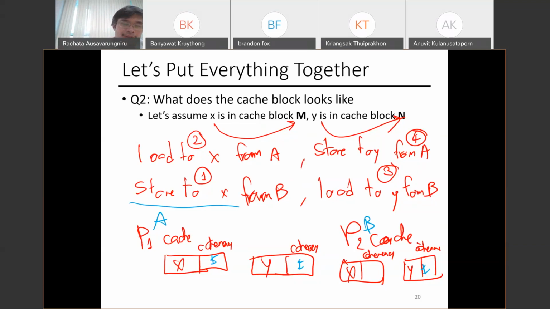Okay, let me ask the first question. If I have this store to X from B, who owns the cache block? Who will have the correct value of my cache block? Will it be A or will it be B? Or should I ask the question again if it sounds confusing?